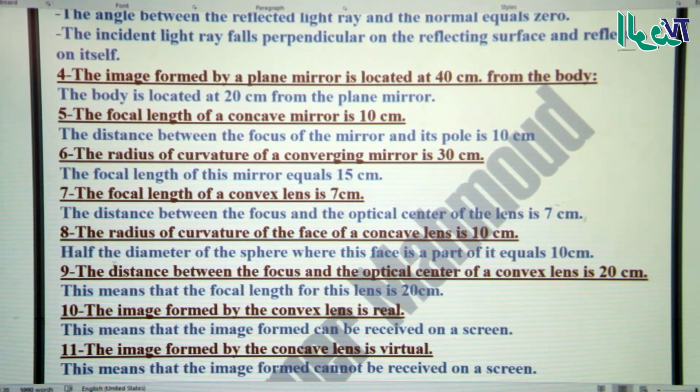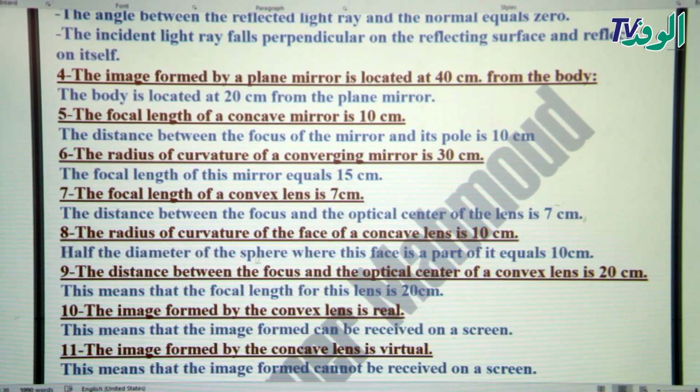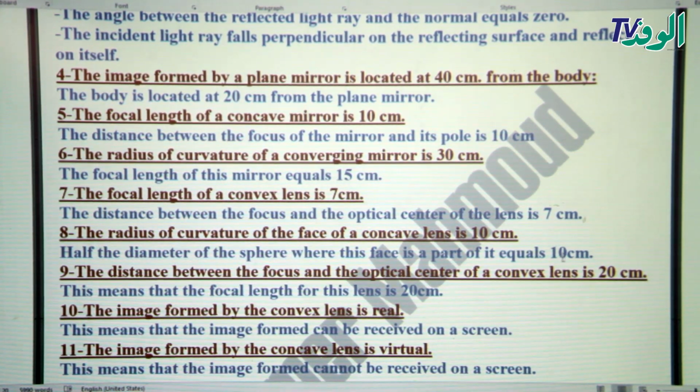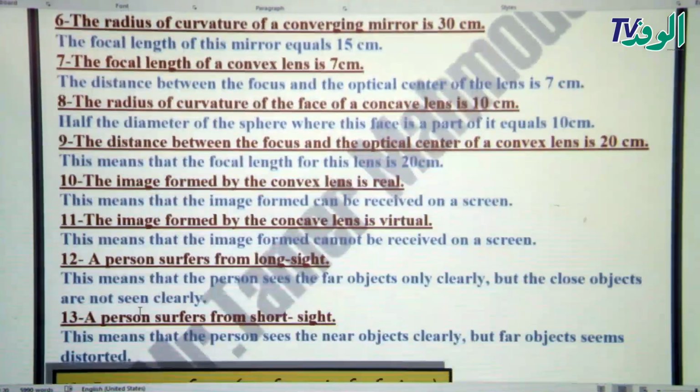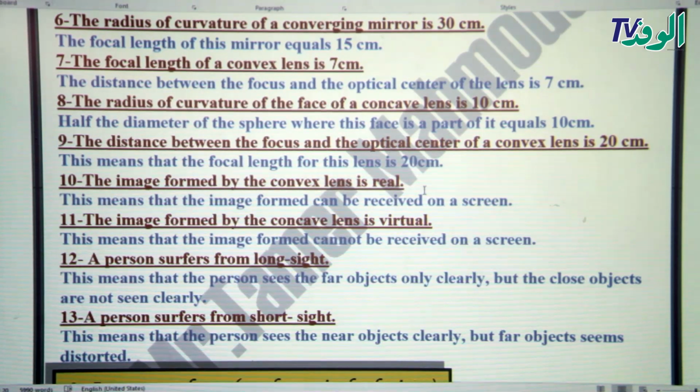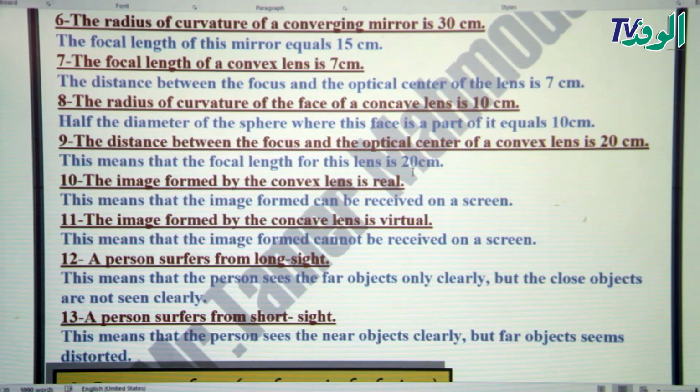That means that half of the diameter of the sphere, of which this face is a part, equals 10 centimeters. The distance between the focus and optical center of the convex lens equals 20 centimeters. This means that the focal length for this lens is 20 centimeters.